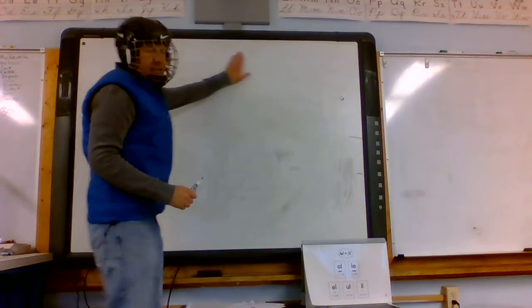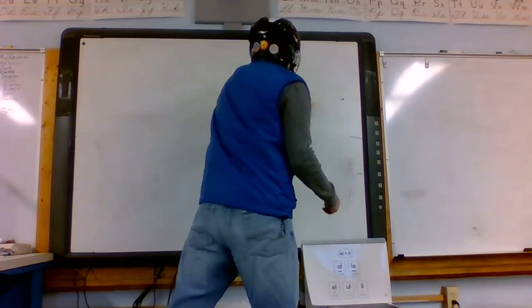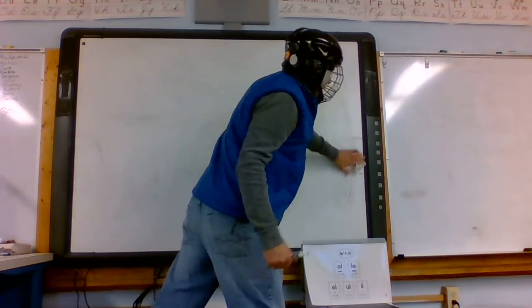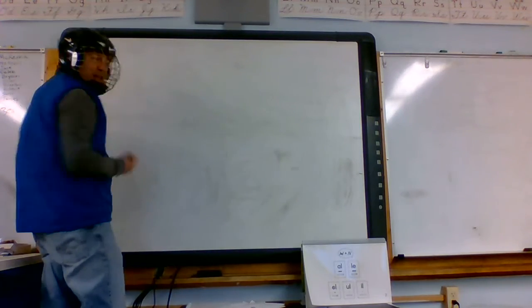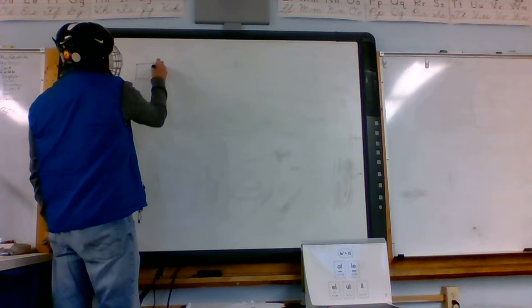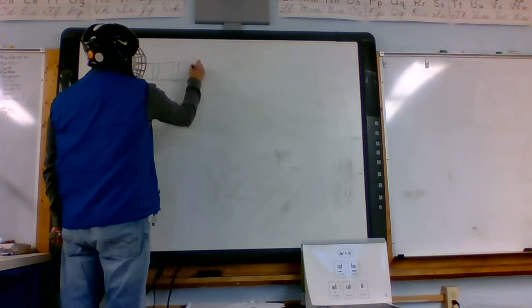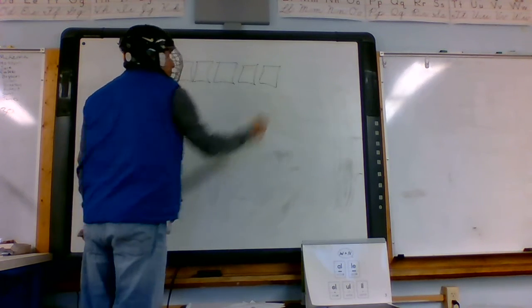So how would I draw 740? How many squares would I draw? 7, right? 740. 1, 2, 3, 4, 5, 6, 7.